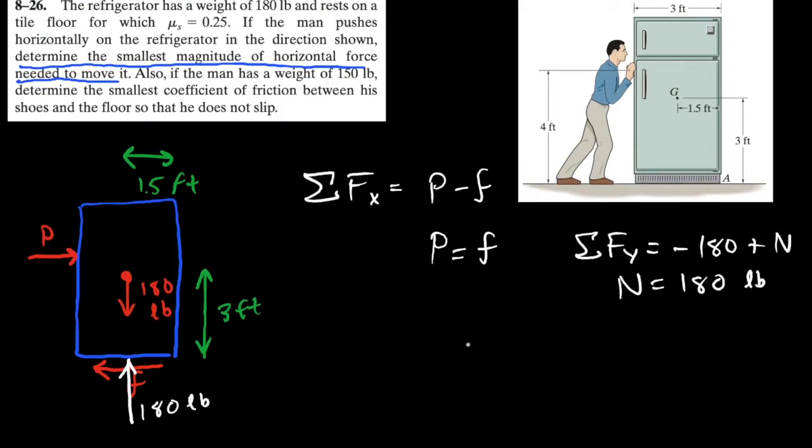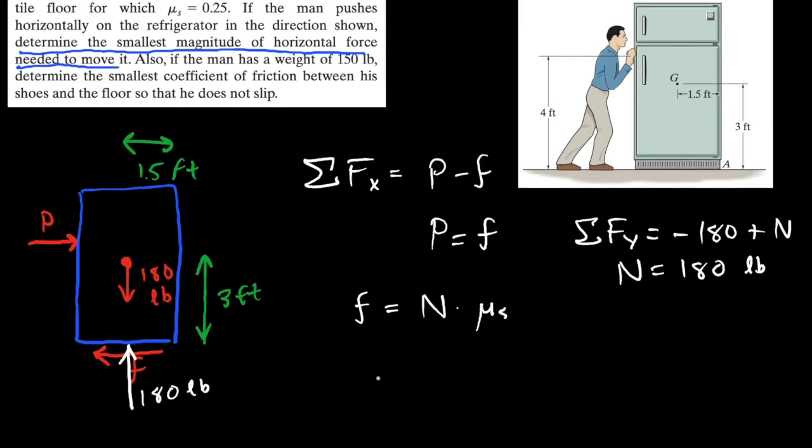Now that we have this, we can use our friction knowledge to determine at what load it slips. The point at which this refrigerator moves is when the force due to friction is equivalent to the normal force times the coefficient of static friction.